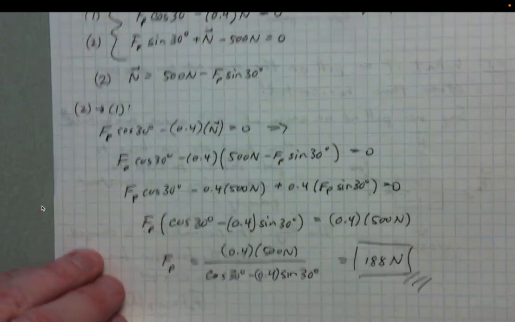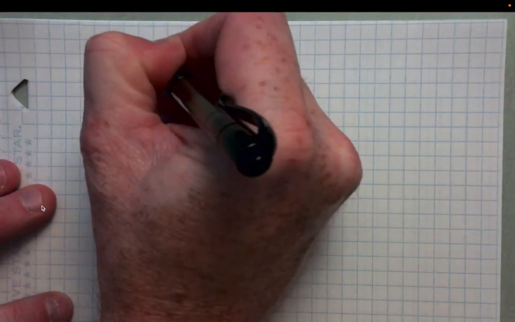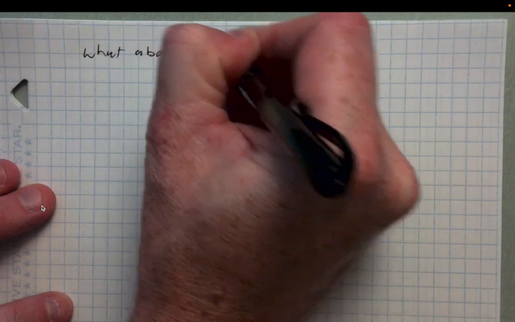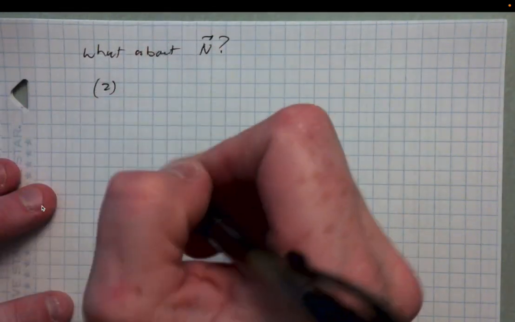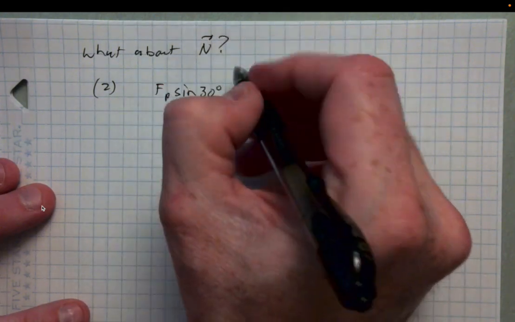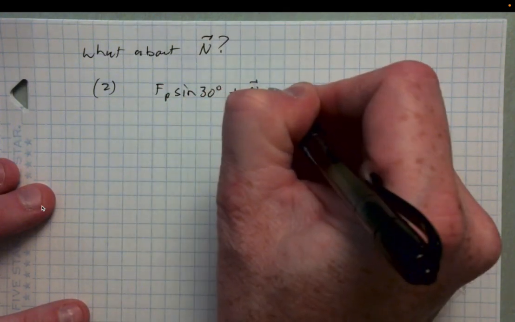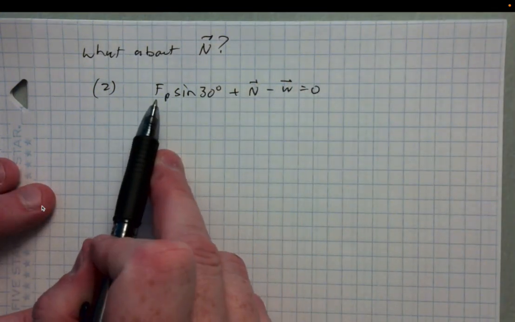And this is all coming through because the normal force is being impacted here, right? And so what does this off horizontal force do to the normal force? So what about the normal force? Right, if we think about equation 2, it was F sub p sine of 30 degrees plus the normal force minus the weight equals 0. Well, I can just substitute in my 188 here.